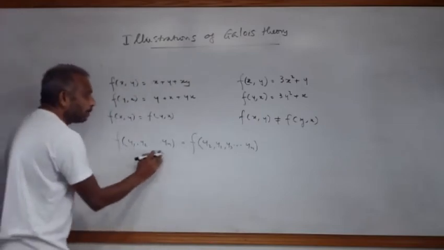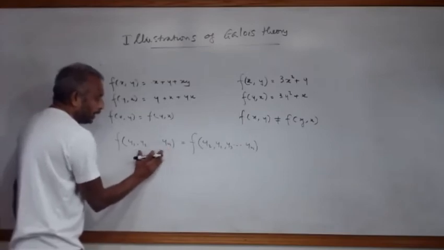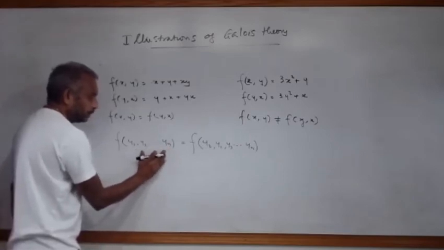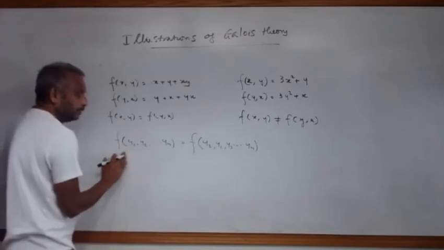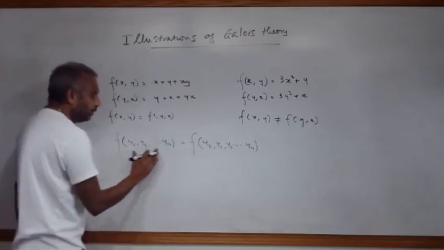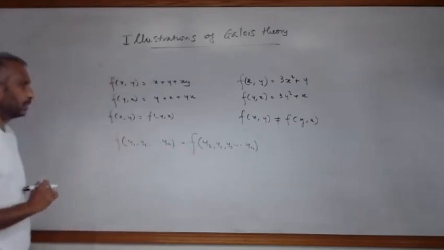For any combination of y1, y2, ..., yn, if you evaluate that function and they are equal, then we say f is a symmetric function.